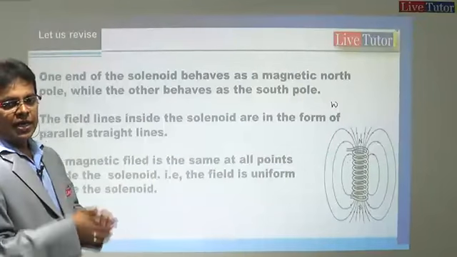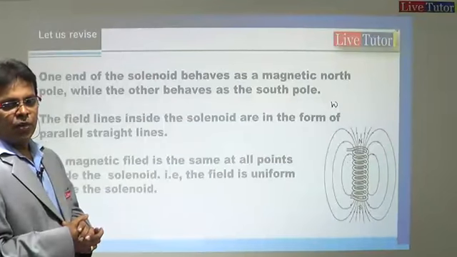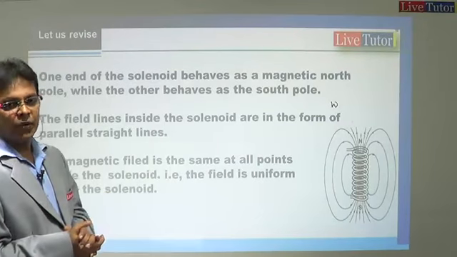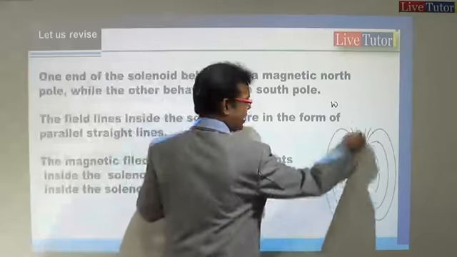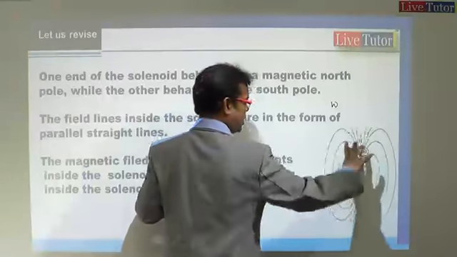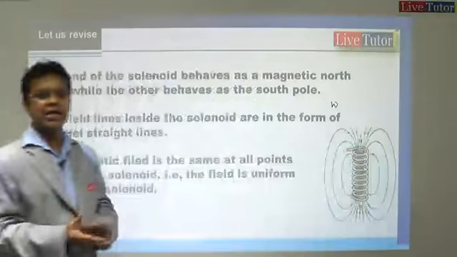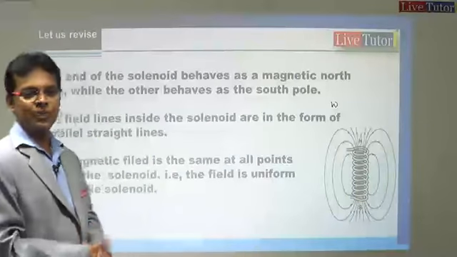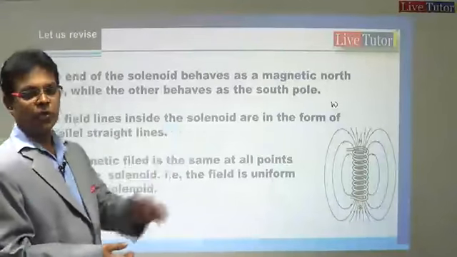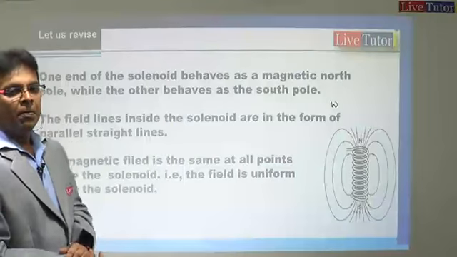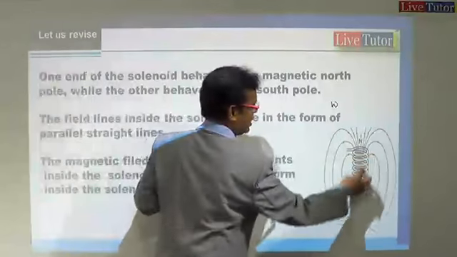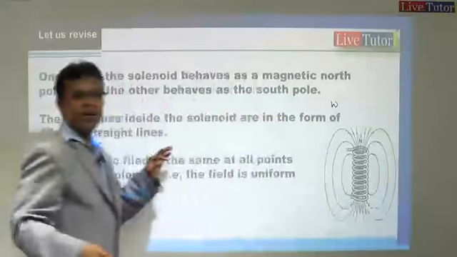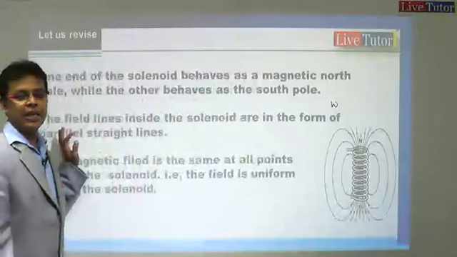So a current carrying conductor will create a magnetic field around it. So more magnetic lines of force will be created, and the whole solenoid will behave like a bar magnet, which has a south pole and a north pole. But outside the solenoid the magnetic field lines will be curved, whereas inside there will be straight lines.